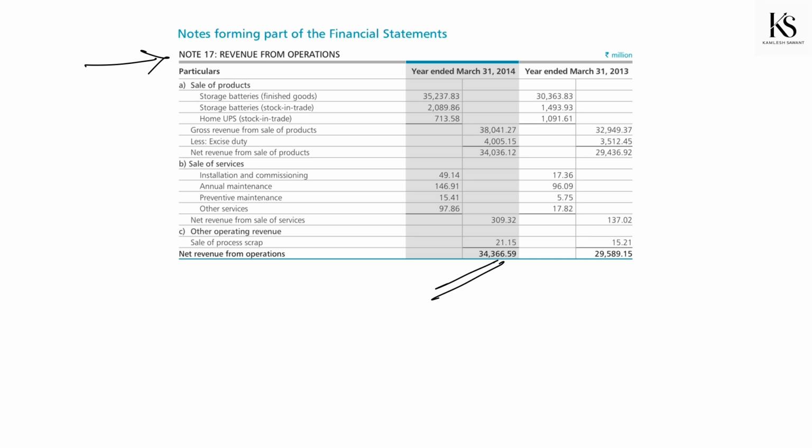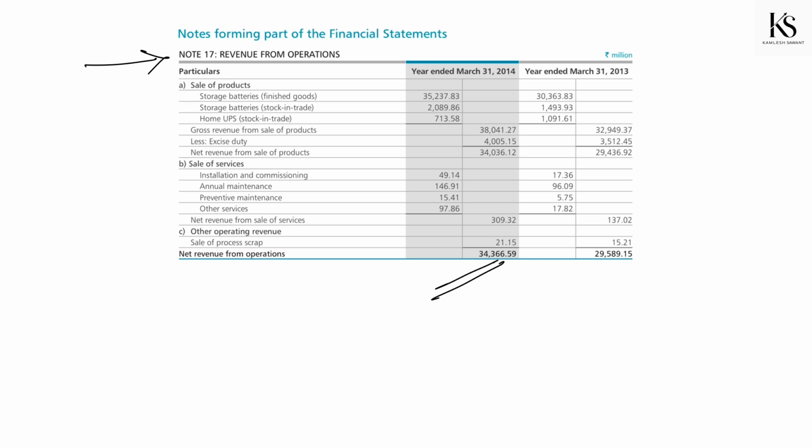Net sales from sales of products adjusted for excise duty amounts to Rs 3,403 crores, which matches with the number reported in the P&L statement. Likewise, you can notice the split up for revenue from services. The revenue number of 30.9 tallies with the number reported in the P&L statement.